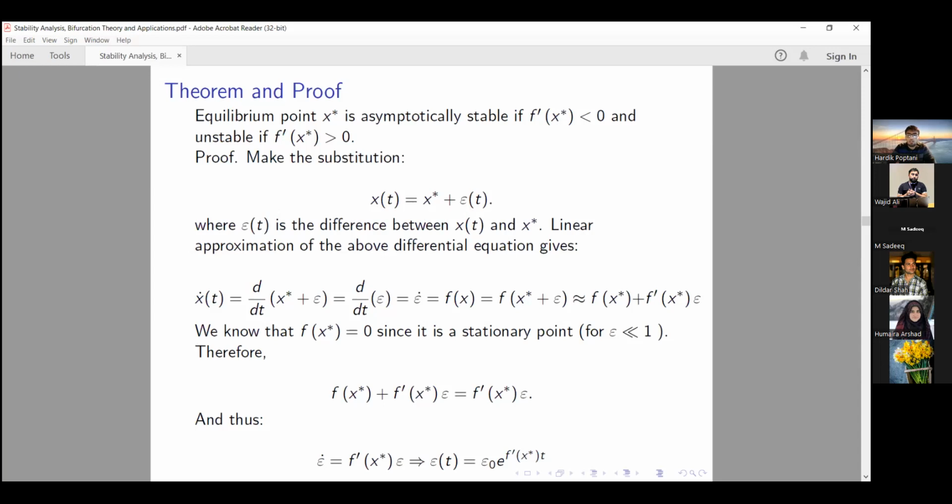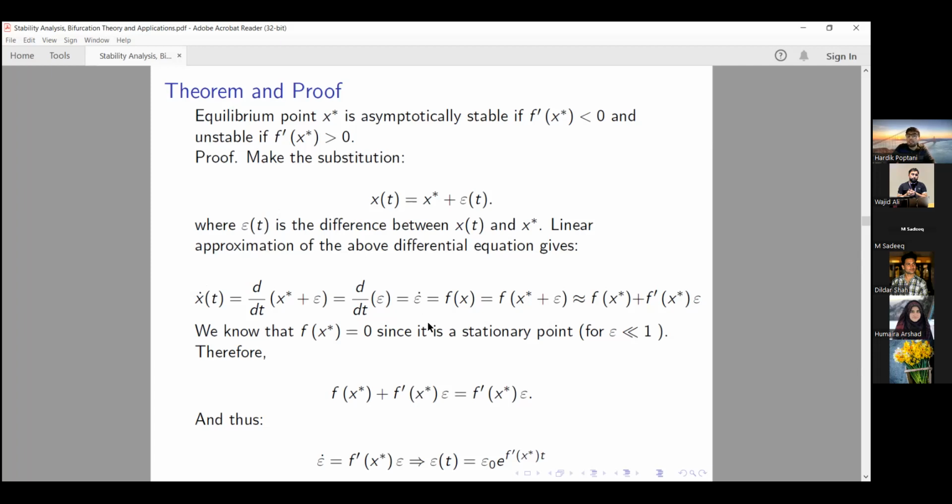So therefore, if we do a linear Taylor approximation and substitute, we of course get x dot of t equals d by dt of x star plus epsilon. But x star is obviously a constant, so by definition of derivatives, you can just separate this. So this will be 0, and it will just be x dot of t will equal epsilon dot.